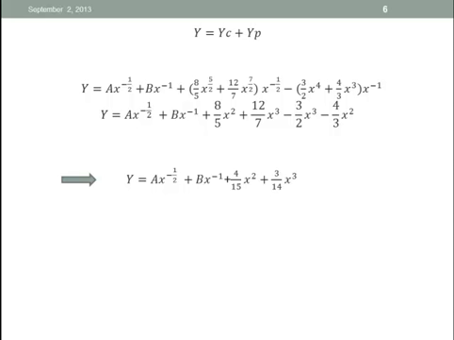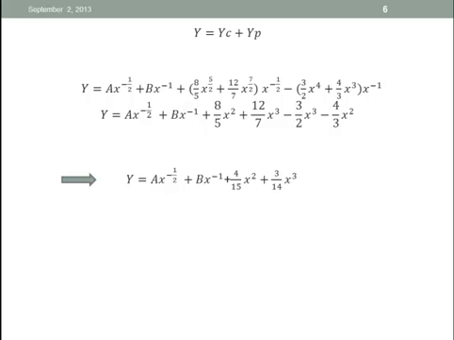C1 would be A and C2 would be B. Plus the yp, the u1 times x raised to the negative 1 half minus the u2 times x to the negative 1. Distributing x raised to the negative 1 half to u1 and distributing x raised to the negative 1 to the u2.